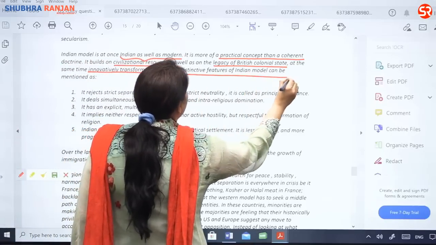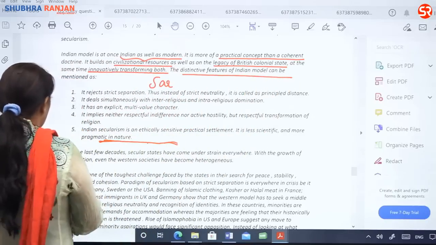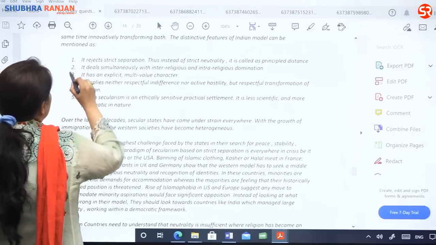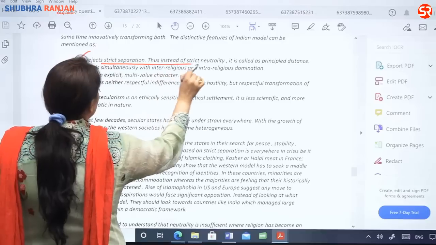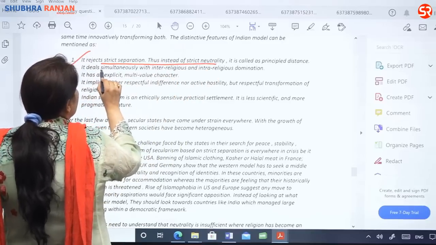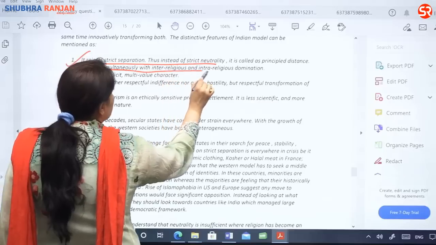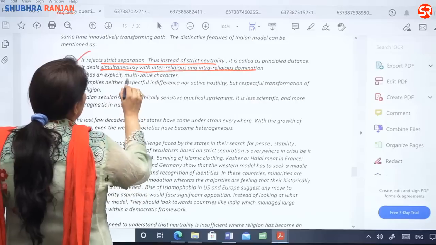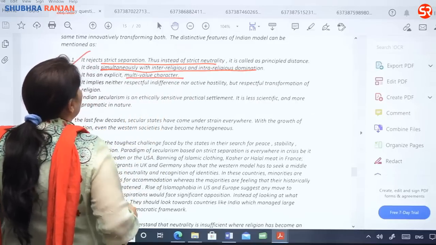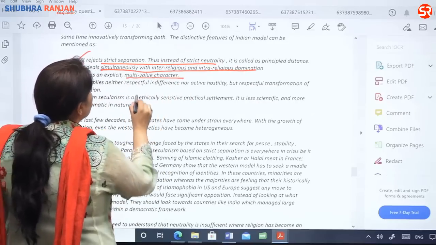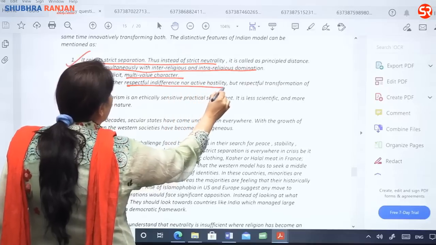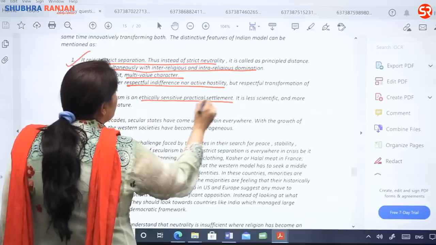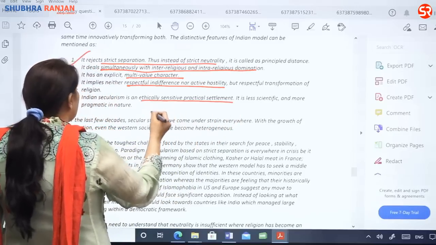The distinctive features of the Indian model are: it rejects strict separation. It deals simultaneously with interreligious and intra-religious domination. It has an explicit multi-value character. It implies neither respectful indifference nor active hostility. It is an ethically sensitive, practical settlement, considering the minorities.